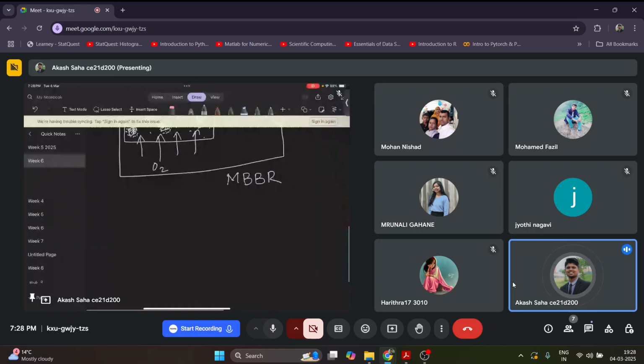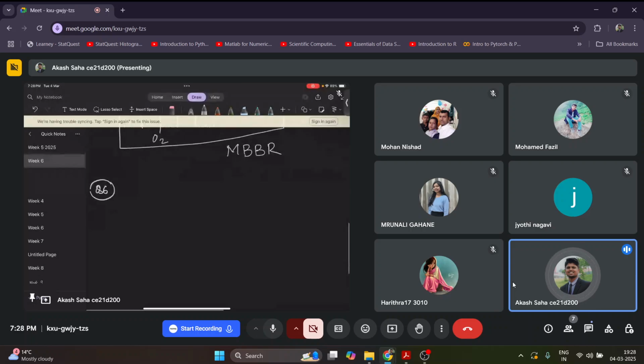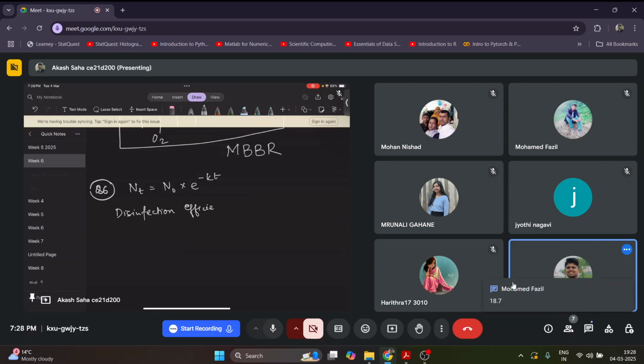So question number 6. The equation is given, that is Nt is nothing but N naught into e to the power minus kt. Yeah, that is correct, 18.7 is the right answer.